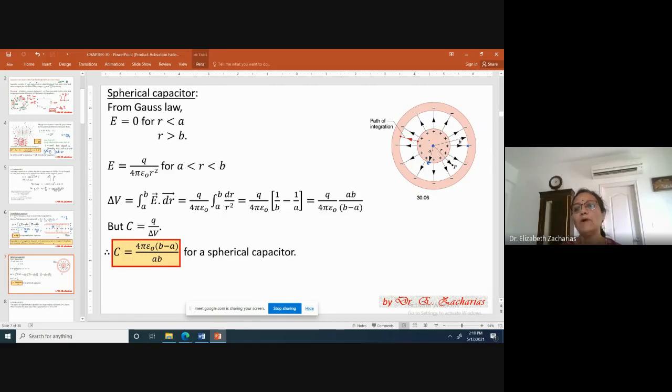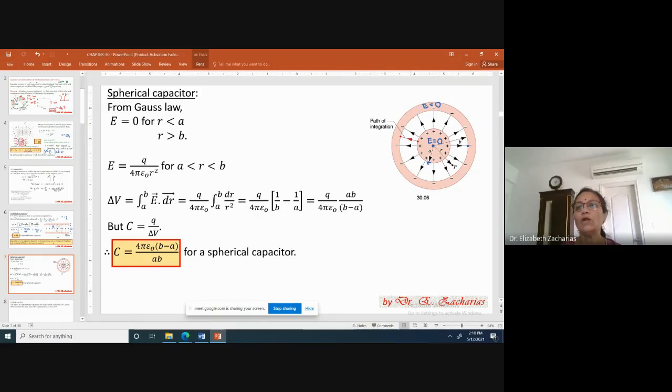So what will be the field inside the body of the inner sphere? Inside, the field will be 0. What will be the field here? Use Gauss law and tell me. Here also it will be 0. In both the pink areas, the field will be 0.